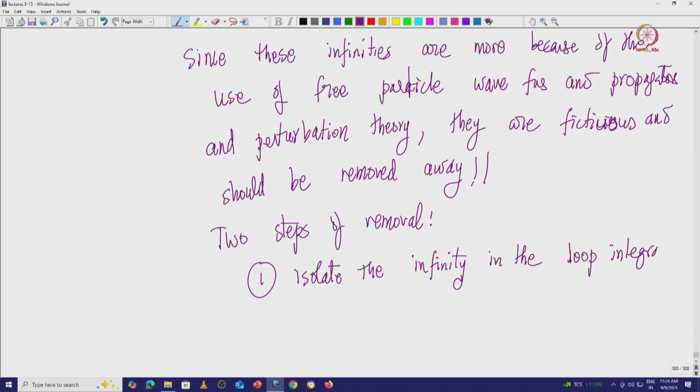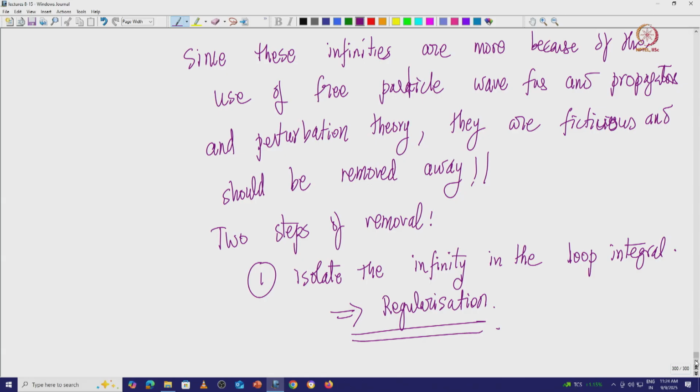There are various methods of isolating it: cutoff methods, Pauli-Villars, and others. This process of isolating the infinity in the loop integral is called regularization.